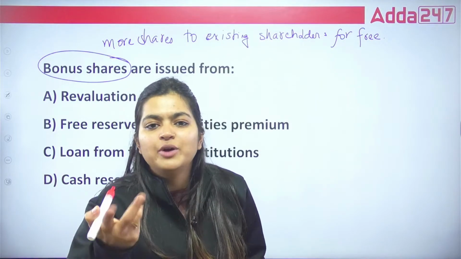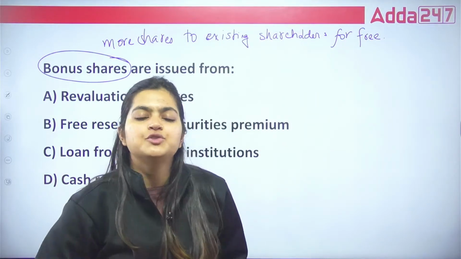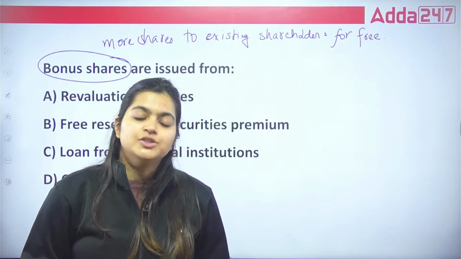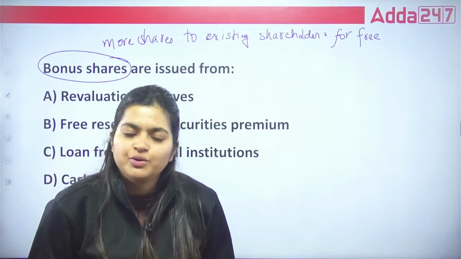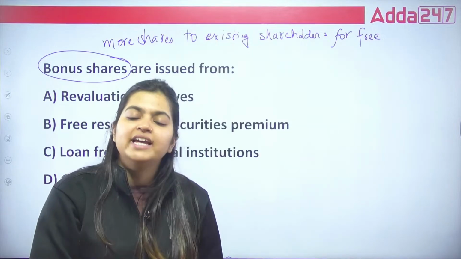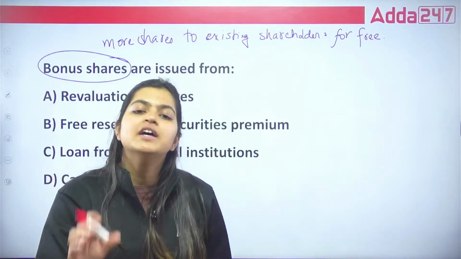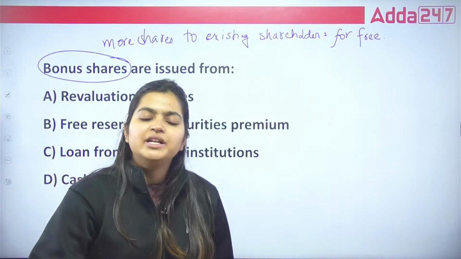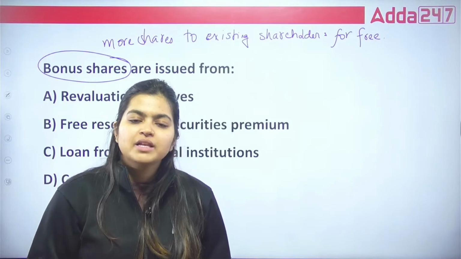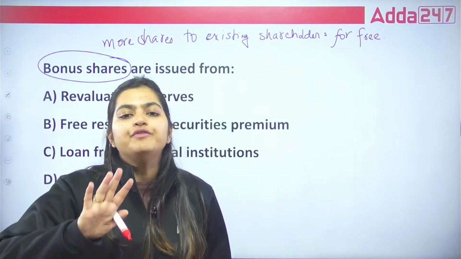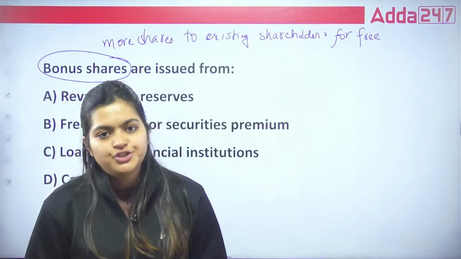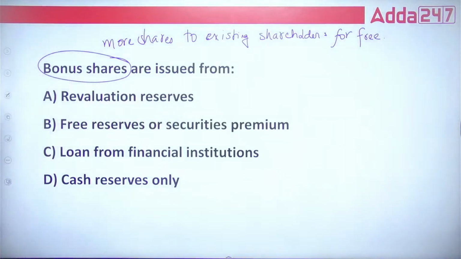What are the things that you have used? From where you have received this much amount? So, as per section 63 of the Companies Act, they say that you can use your free reserves, your securities premium, capital redemption reserve, capital reserve for your free distribution of bonus shares. So, as per that, your correct answer is option B.